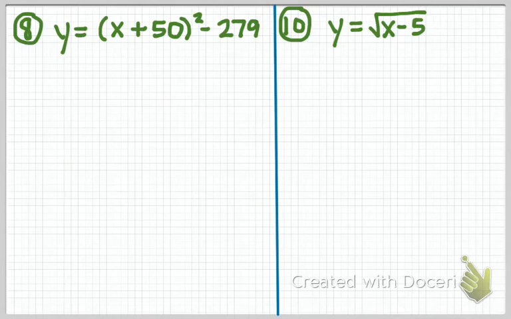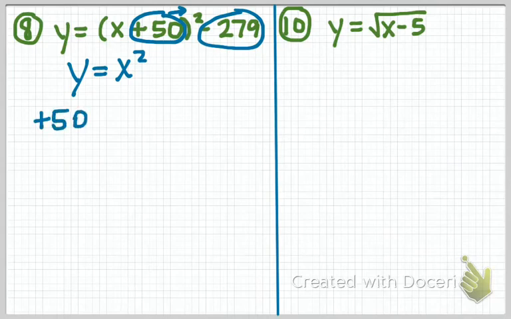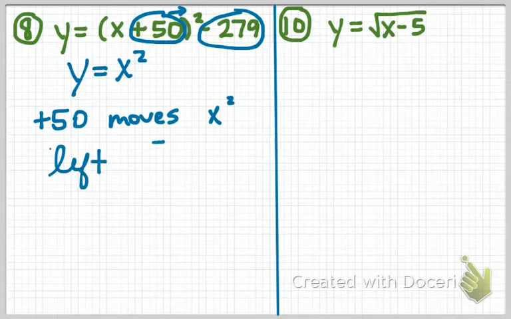On to the next one, number 8. Again, we're still working with a parabola here because we see the square. And now we ask ourselves, what's different between this equation and y equals x squared? Well, clearly I have a plus 50, which is inside the square, and I have a minus 279, which is outside the square. So the plus 50 moves x squared left 50, because it's inside.